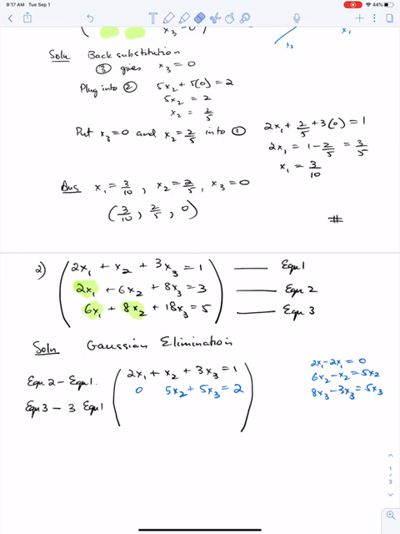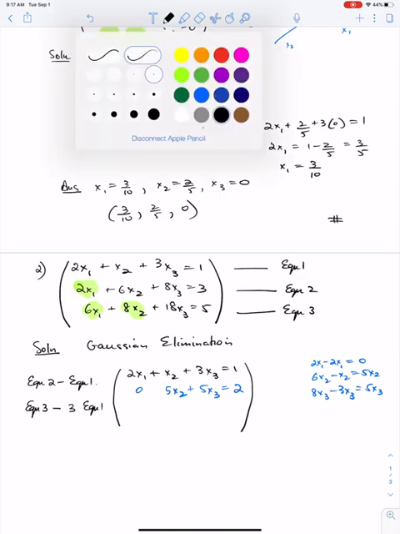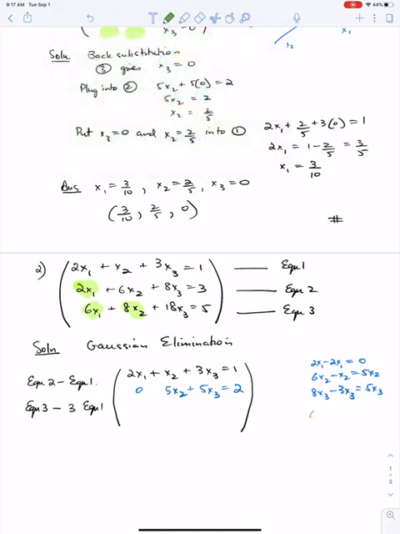3 times equation 1. And once again, I will work it out separately here. 6x1 minus 3 times 2x1 is 0, as we wanted, right?